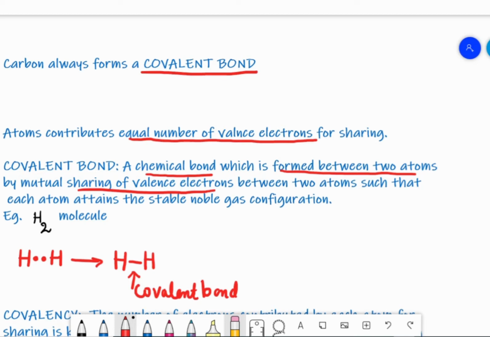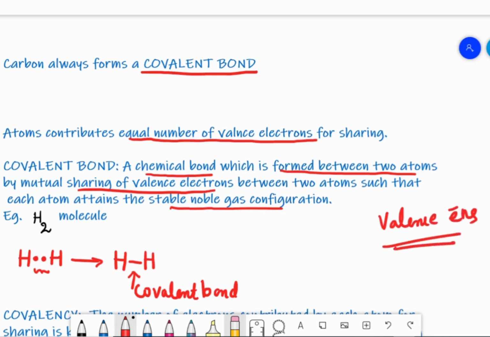So what is a covalent bond? It is a chemical bond formed between two atoms by sharing an equal number of valence electrons. These atoms usually attain the stable noble gas configuration. The main point to understand in a covalent bond is that the atoms share only their valence electrons, not the inner electrons.